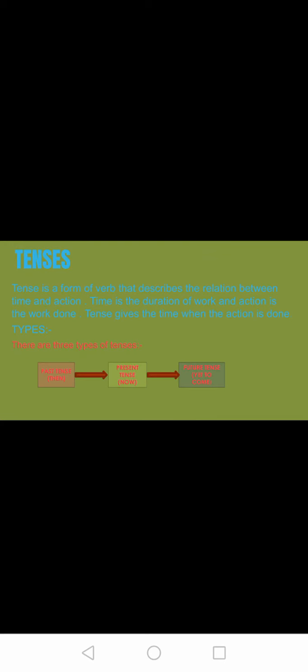Okay, now first of all, what is tense? Tense is a form of verb that describes the relation between time and action. You all know that verb means an action word. Whatever work we are doing, that is, whatever action we are doing, that is verb.